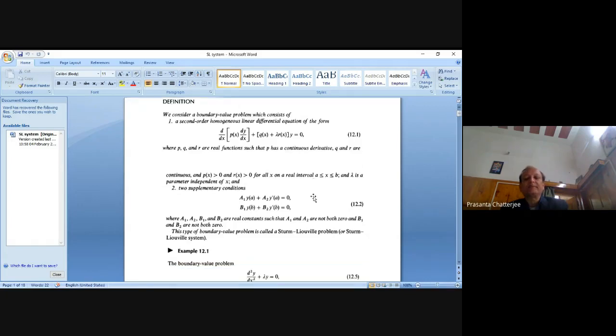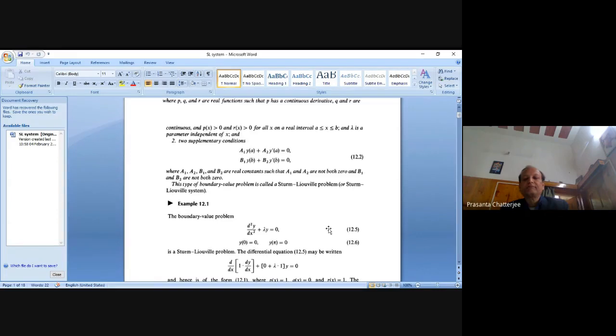Just an example. Suppose we consider a very simple differential equation, d2y/dx2 plus lambda y equal to 0, and the boundary conditions are y(0) equal to 0 and y(pi) equal to 0.